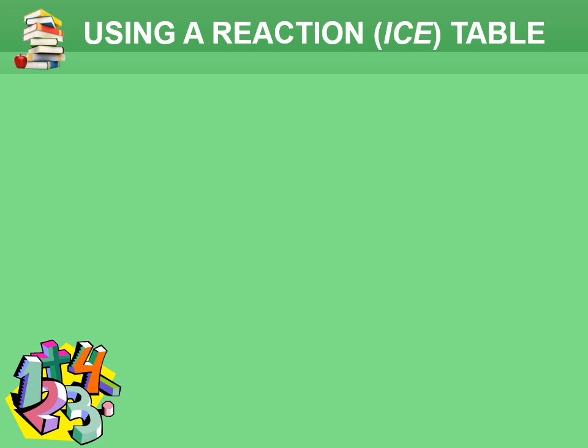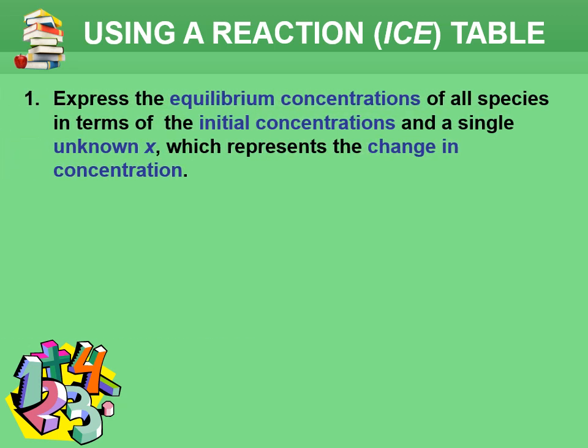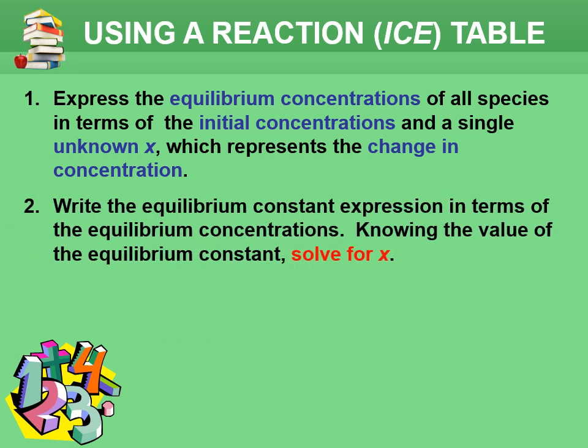Now we're going to look at how to use the ICE table. I stands for initial, C for change, and E for equilibrium. The first step is we have to express the equilibrium concentrations of all species in terms of the initial concentrations and a single unknown x, which represents the change in concentration.